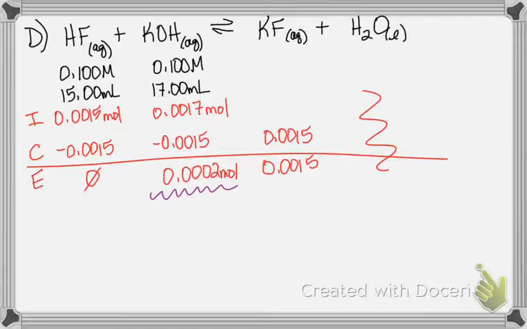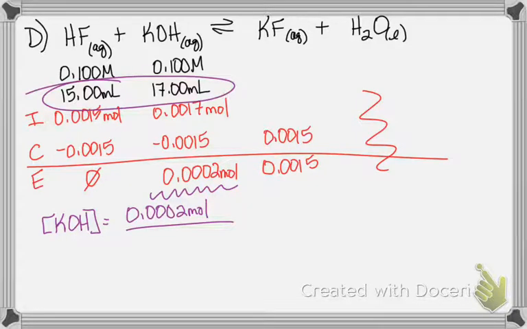So we need to figure out the concentration of the strong base. To figure out the concentration, we take the moles of the strong base, divide it by the total volume, which is 32 milliliters. So the concentration of the strong base is 0.00625 molar, and that's the strong base.